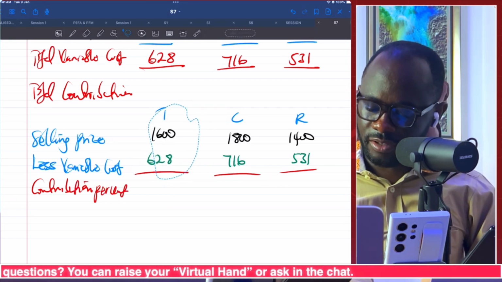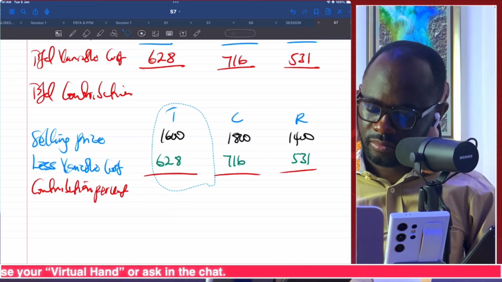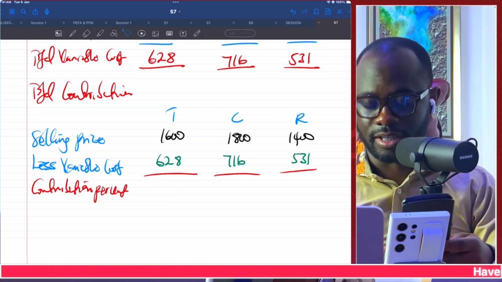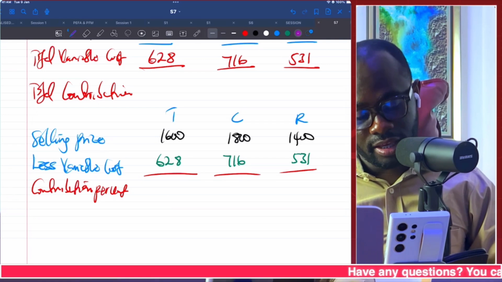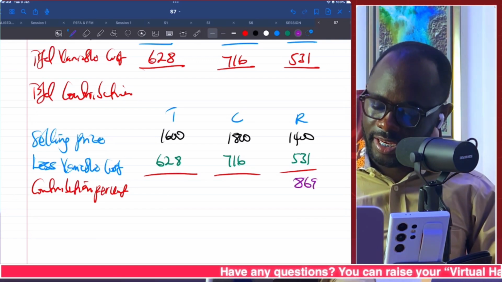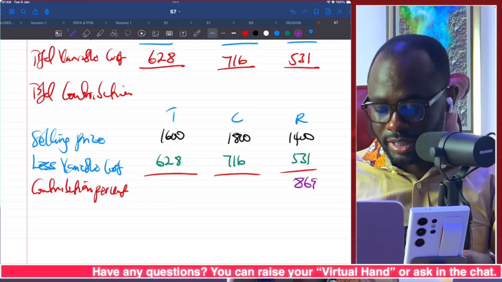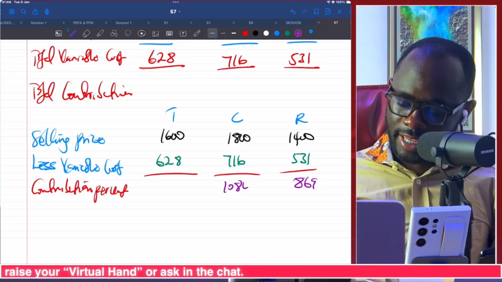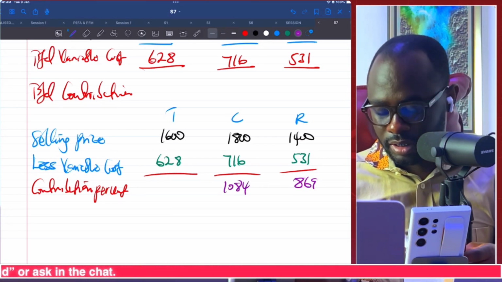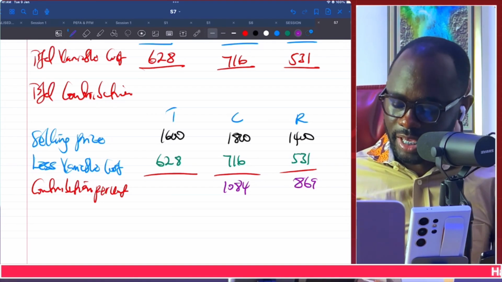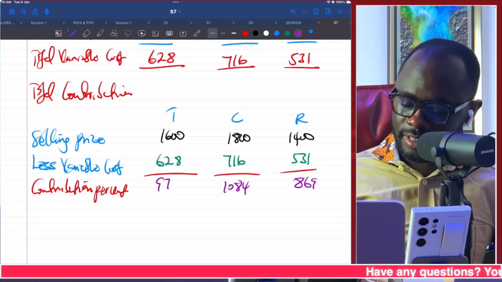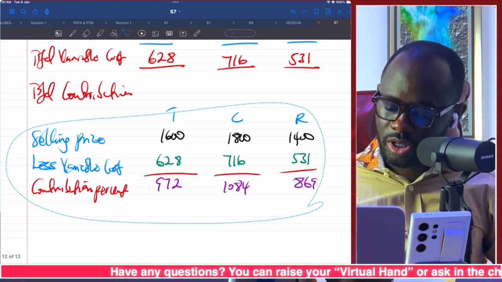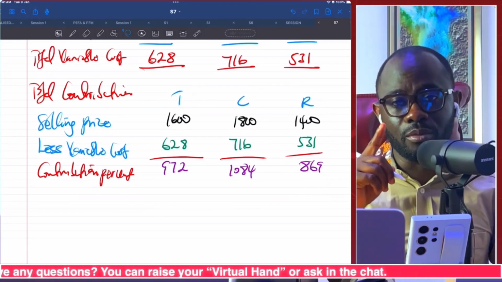Respectively, that will be 1,004 minus 531, 473 here, 1,008 minus 716, 292, 1,006 minus 628, 378. But we are interested in total contribution, not contribution per unit.